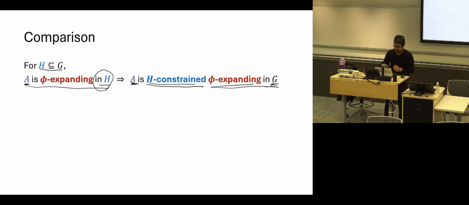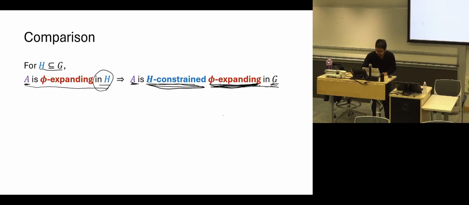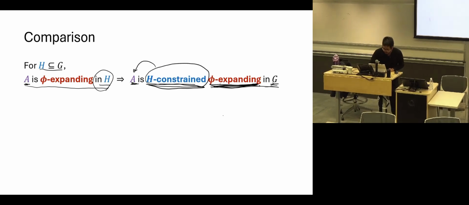When we say that this expansion is constrained by H, it just says that this expansion is weaker according to H. Yes. Like this thing is not an adjective of A, but is an adverb of this thing. Okay, gotcha.